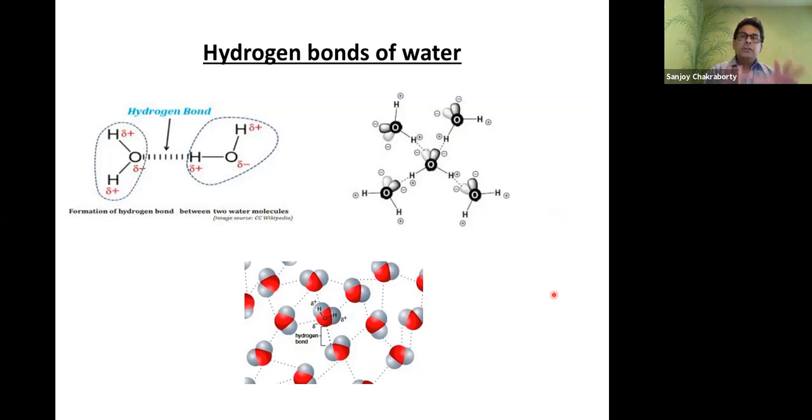Individually these bonds are much weaker than a covalent bond. Although weak, billions of these bonds in a drop of water change water's properties a lot. And that makes water one of the most significant molecules in life, including human life.